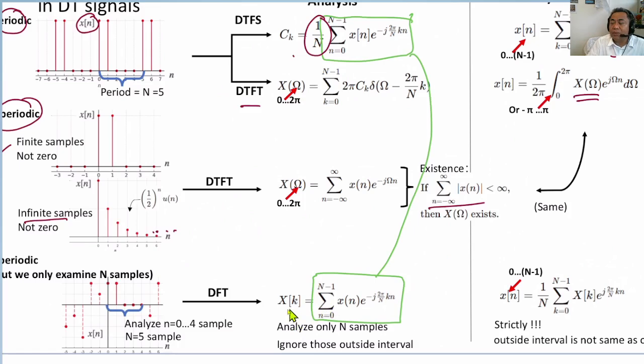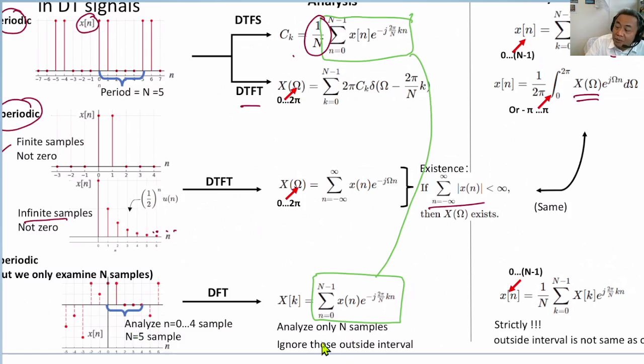Well, then you will say, isn't DFT just a scaled version of DTFS? And you'll be right. So in fact, DFT, examining these 5 samples, is almost treating them like the same 5 samples repeating. But we already see that it is not the same.